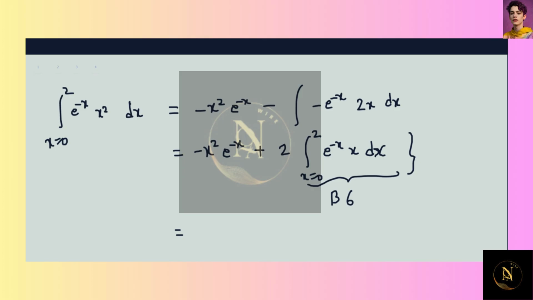We basically use it directly. So we already have minus x squared e to the power minus x here and plus 2. From appendix B.6 we have the answer for this integral as minus of x plus 1 times e to the power minus x.